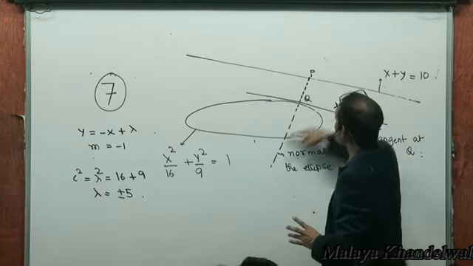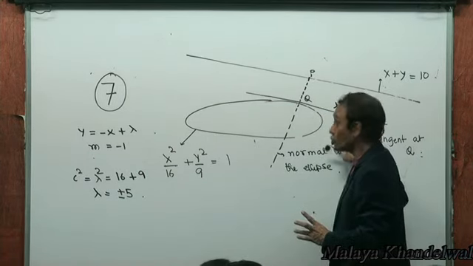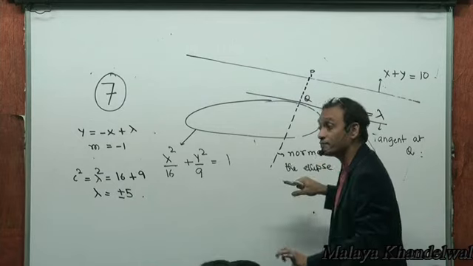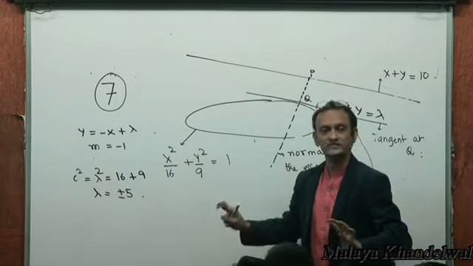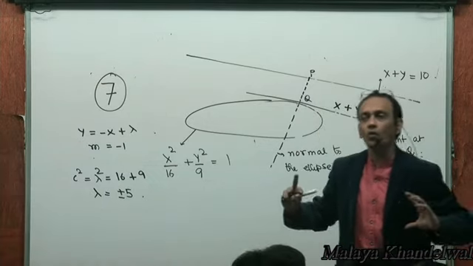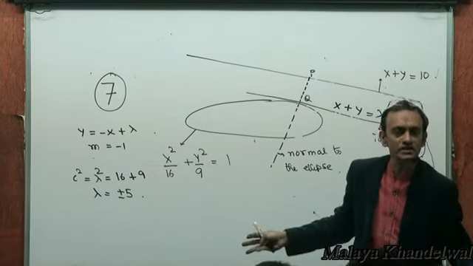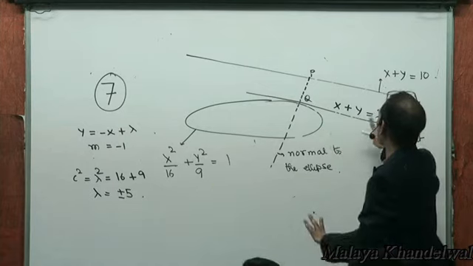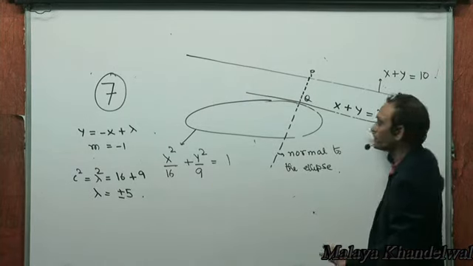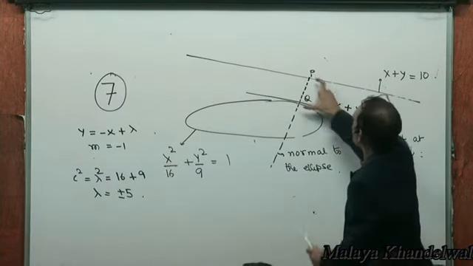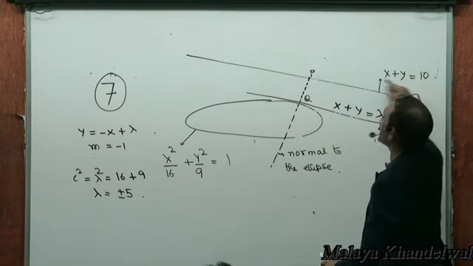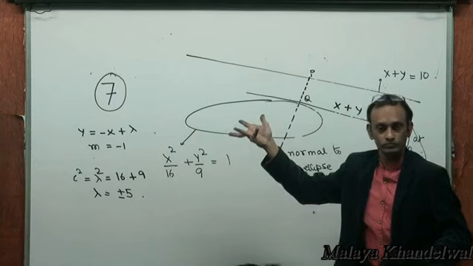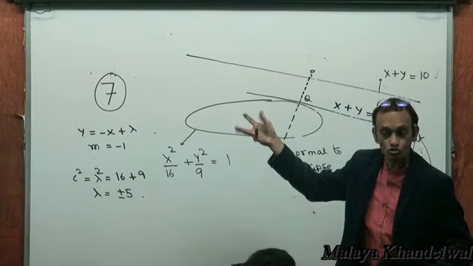One would be this tangent, one would be this tangent. The question is whether to subscribe to a value lambda equal to plus 5 or lambda equal to minus 5. That's the only thing that we need to decipher at this instant. Once I have found lambda, all that I need to do is find PQ, which is the distance between two parallel lines, which is going to be mod of lambda minus 10 divided by root 2.